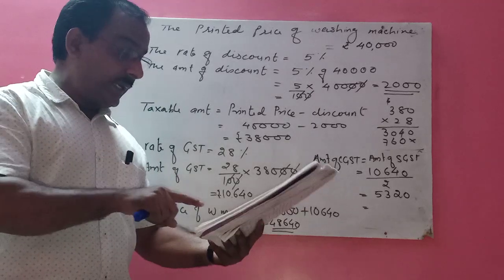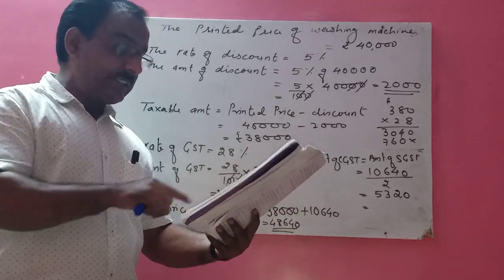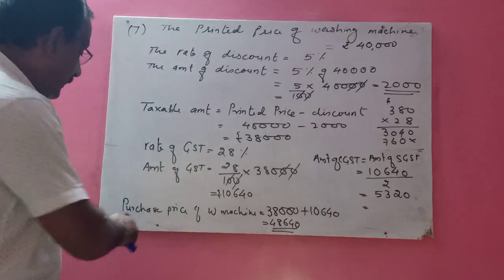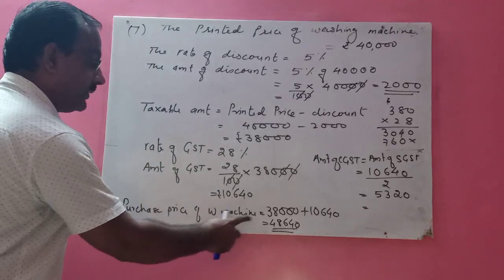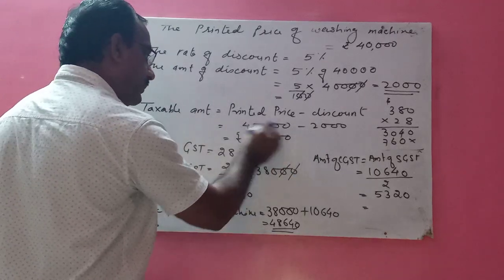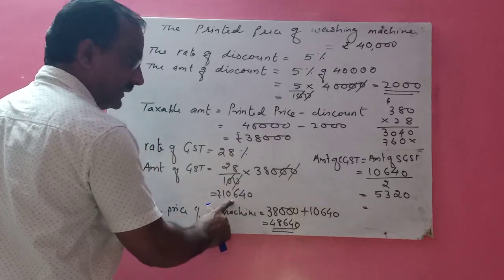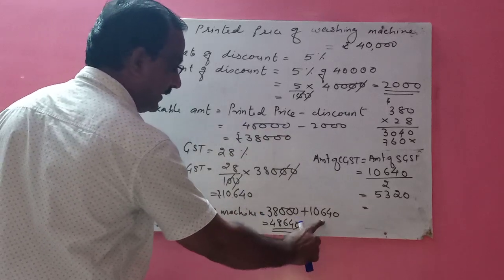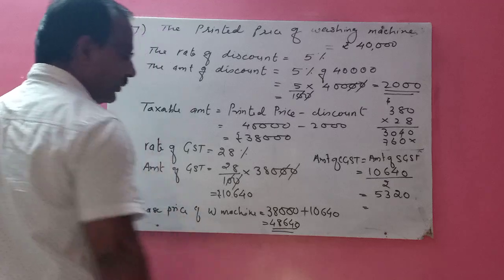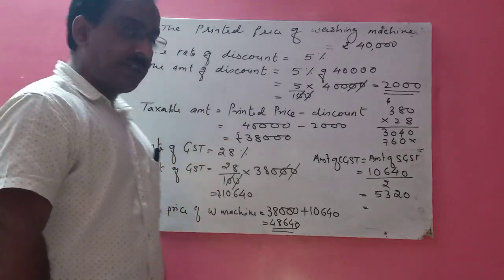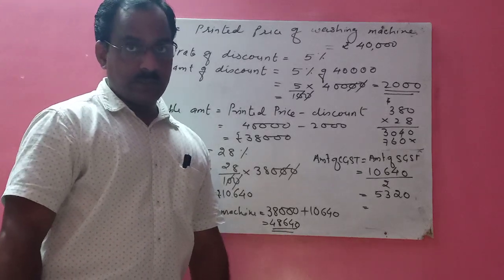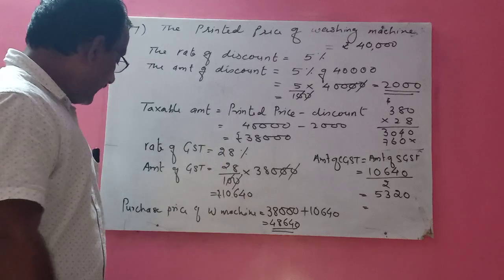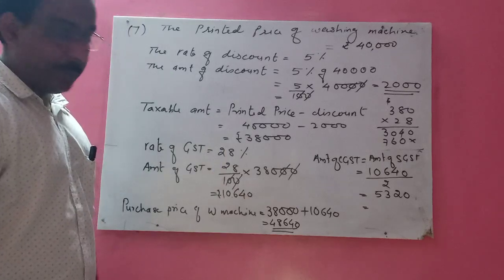That you have to find the purchase price of that washing machine. So the purchase price of the washing machine is taxable amount plus GST. Add these two, you will get 48,640. This much amount Prasad has to pay to that shopkeeper.